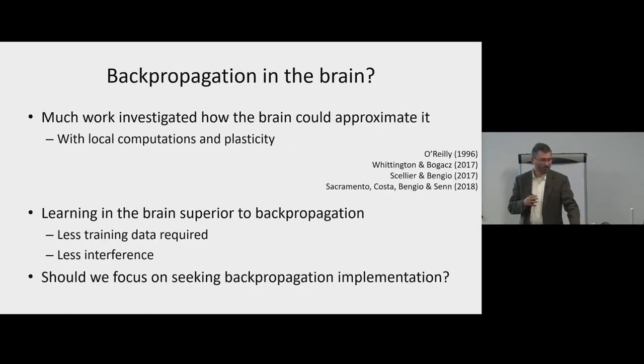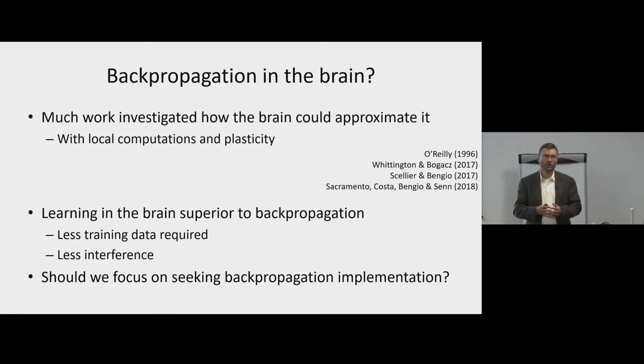So does the brain make computation similar to the backpropagation algorithm? Much work, including from our group, has investigated in the past how you can approximate backpropagation with local computation and local plasticity, and several interesting proposals have been made.